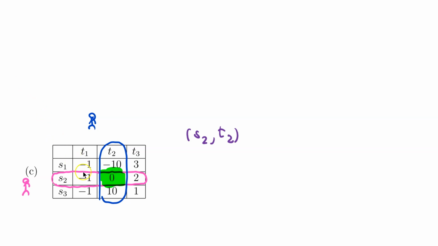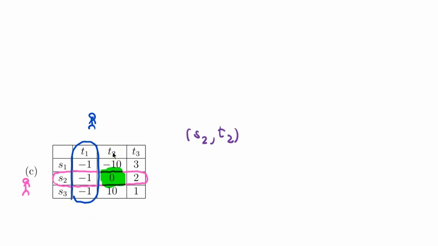Now Alice can think to herself, if Bob is gonna choose T2, then I better choose S3 because then I'm gonna get $10. And now Bob can say the same thing. Bob sees that if Alice were to choose S2, then maybe I should play T1 instead, and that's how I can get $1.